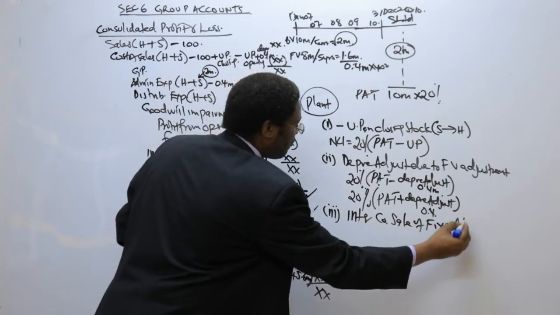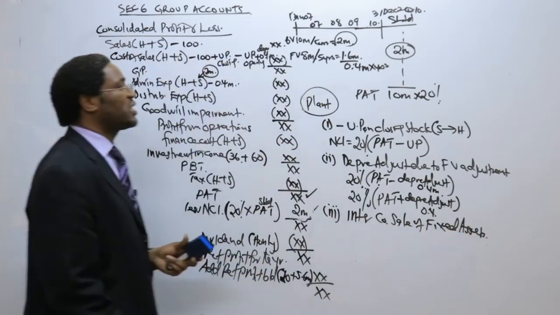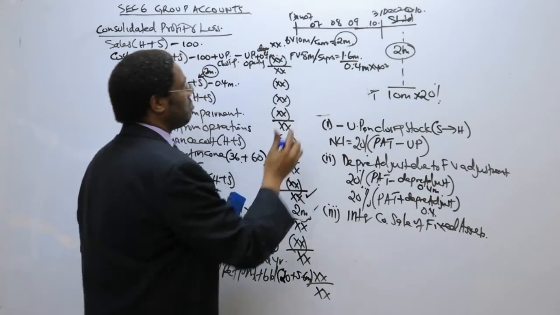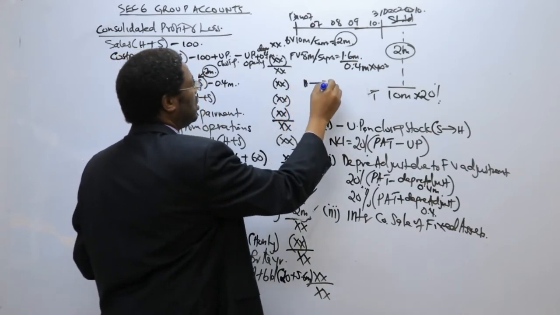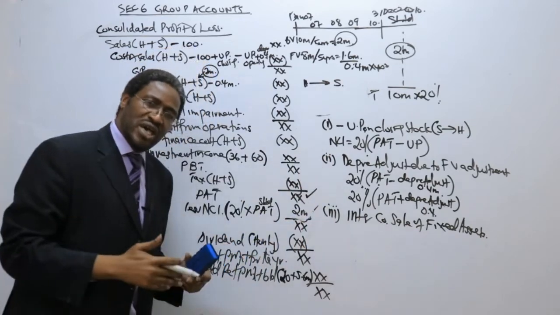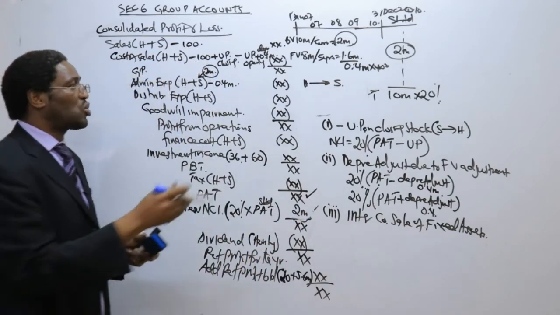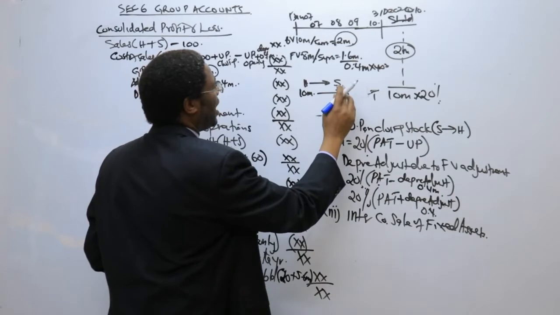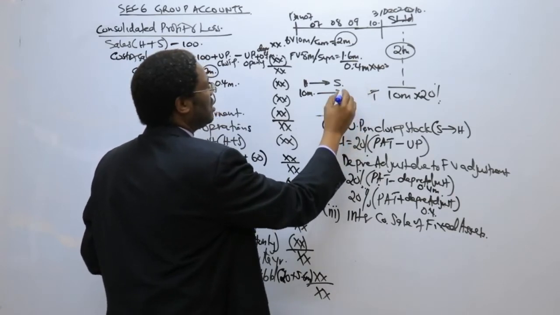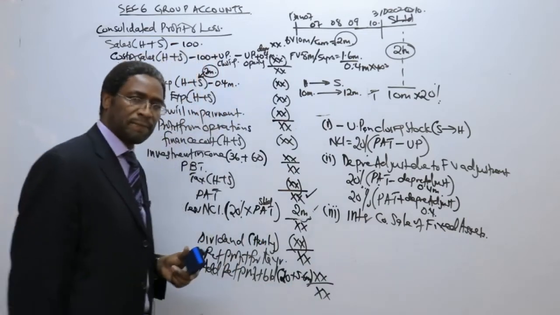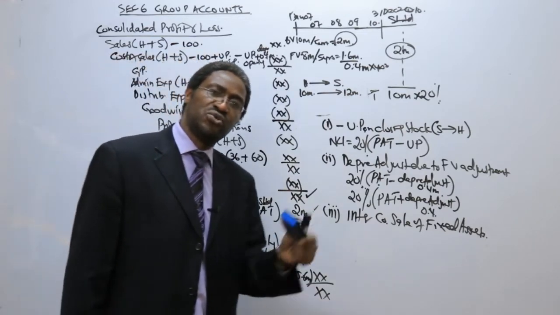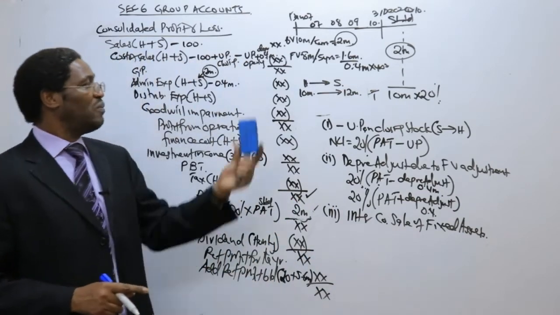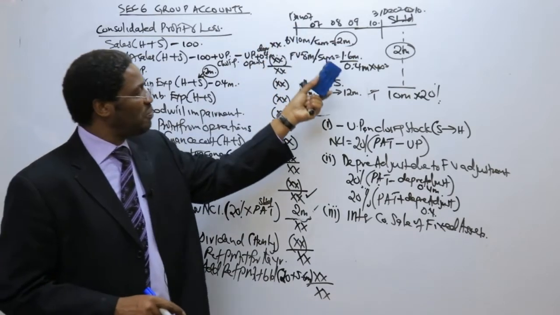Let us assume, for the purpose of illustration, that the question tells you that during the year, H Limited sold a machine which cost H Limited 10 million to their subsidiary for 12 million.